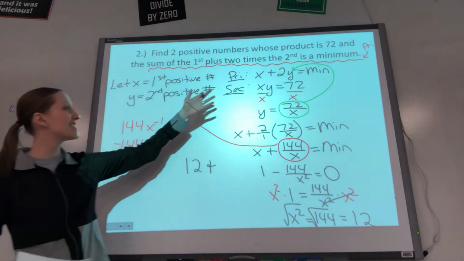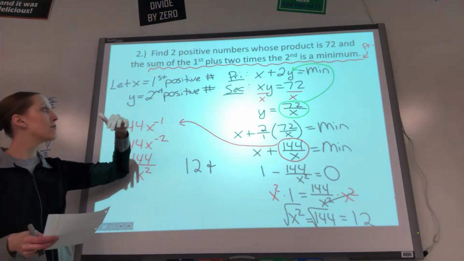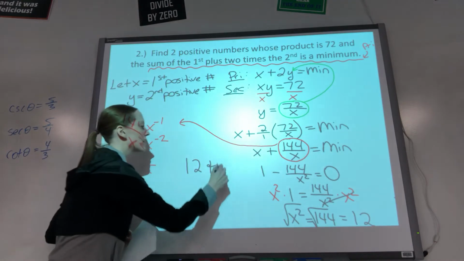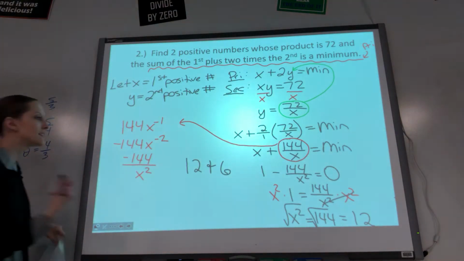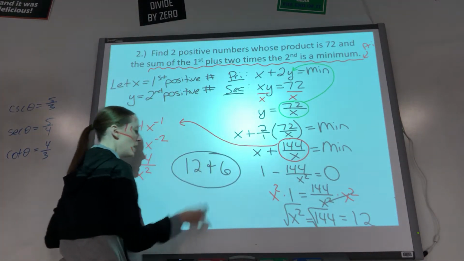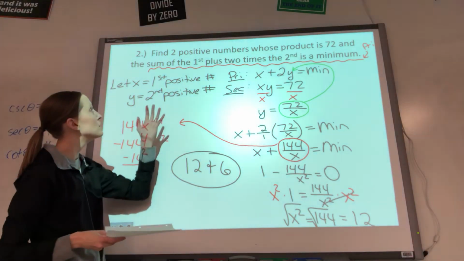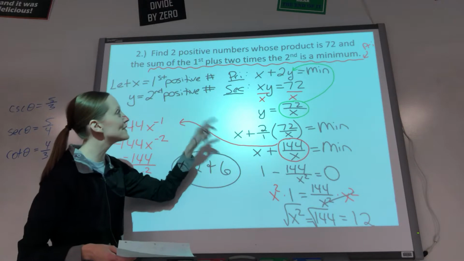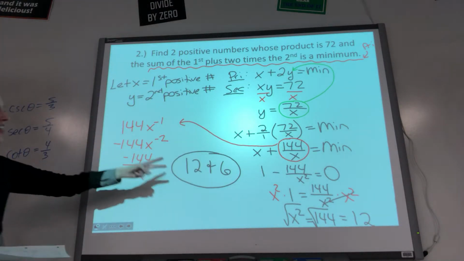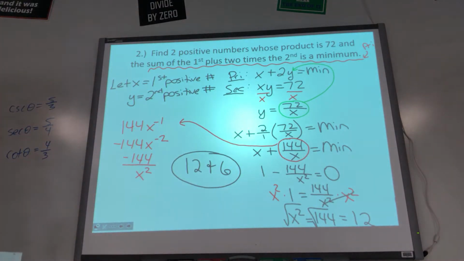So if you take 72 divided by 12, that should leave you with a positive 6. So the two numbers whose product is 72 and whose sum of the first plus 2 times the second is a min, those two numbers would be 12 and 6.